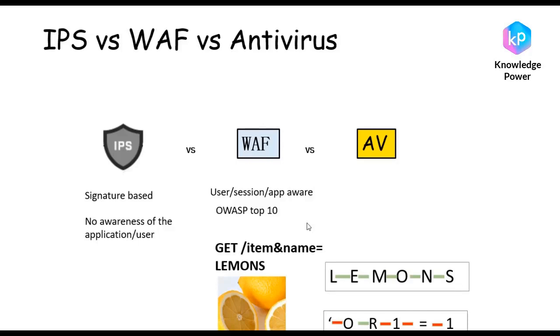Usually IPS is getting the traffic first, so it doesn't even get to antivirus, but sometimes antivirus might actually see the hash sum, the signature, for that specific file that contains something malicious.